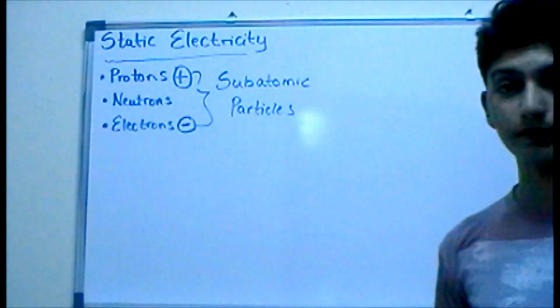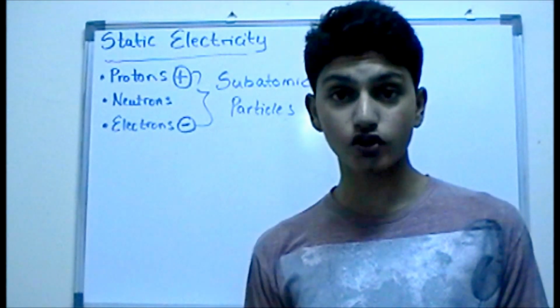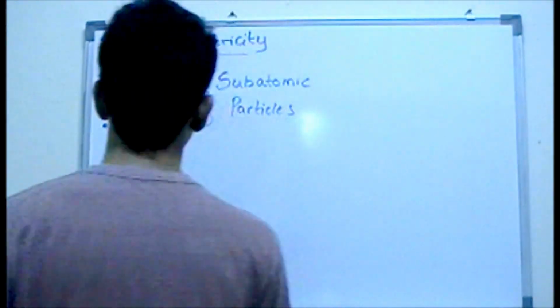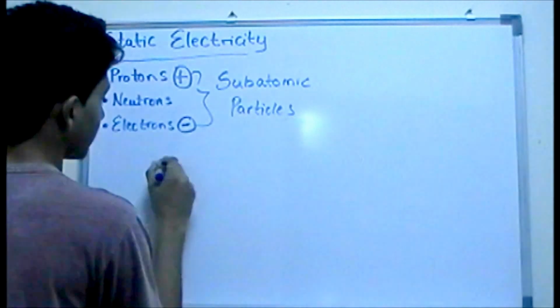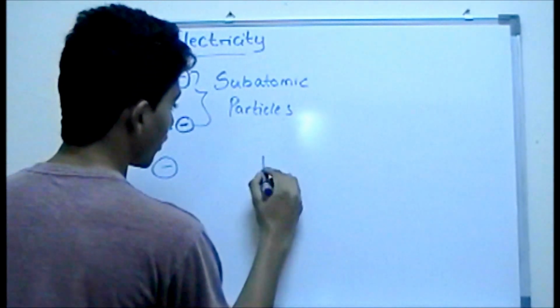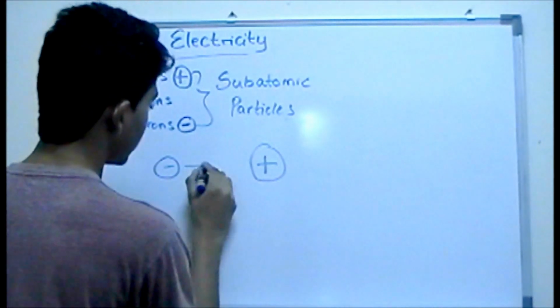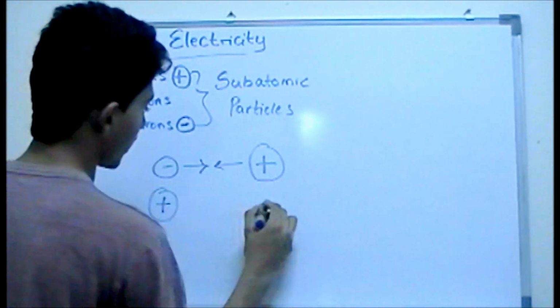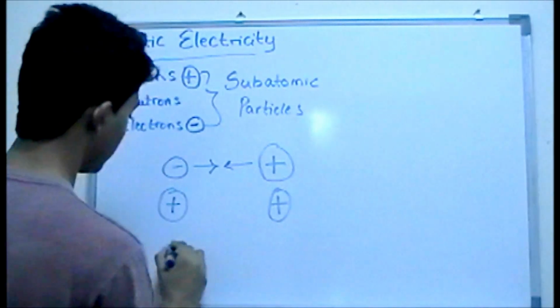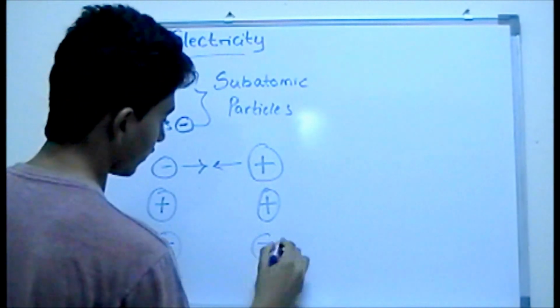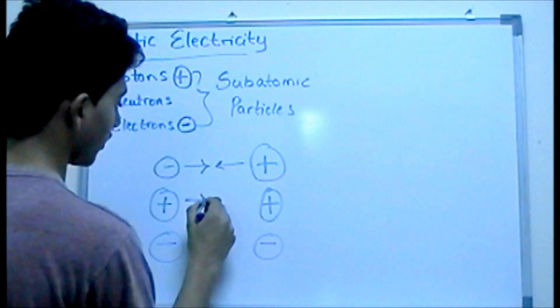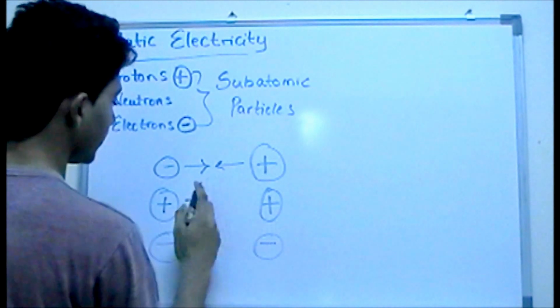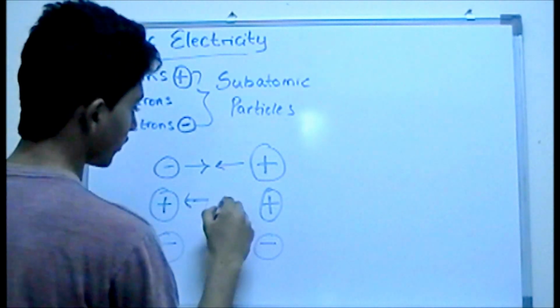Now the property that causes the attraction and repulsion: when you have an electron over here and a proton over here, they attract each other. Likewise, if you have proton and proton, neutron and neutron, or electron and electron, they won't attract. They would repel each other.